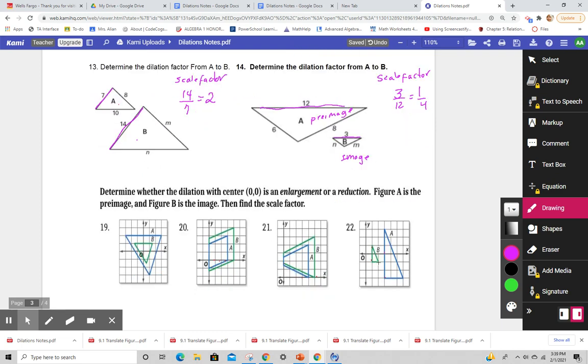Determine whether the dilation with center (0, 0) is enlargement or reduction. Figure A is the pre-image. So A is the pre-image. And figure B is the image. So the green one is the image. Find the scale factor. All right, just take any two corresponding points. We'll take this point here, because it's easy to know where it's located, and we'll take this point right here.